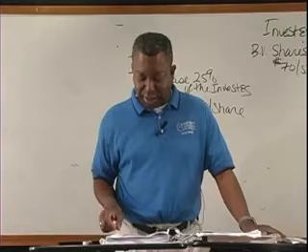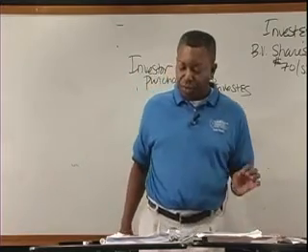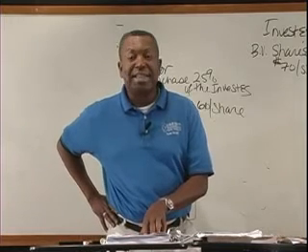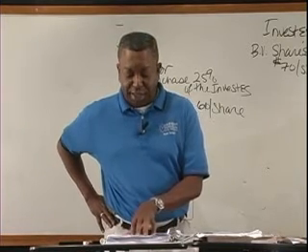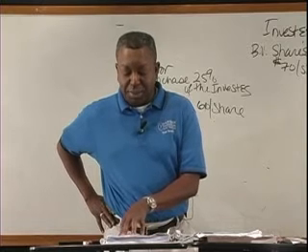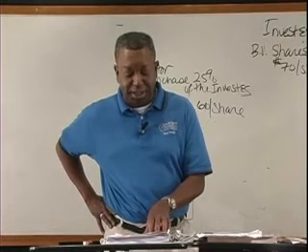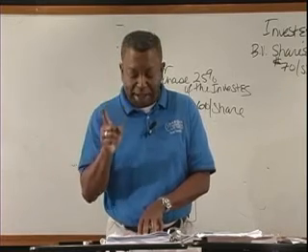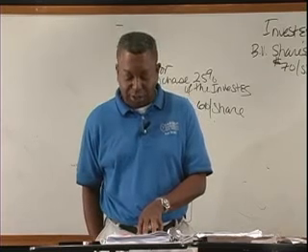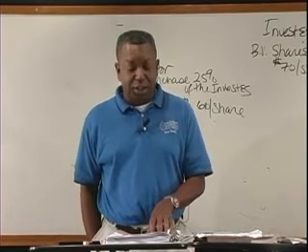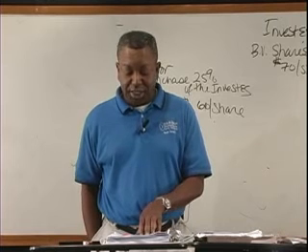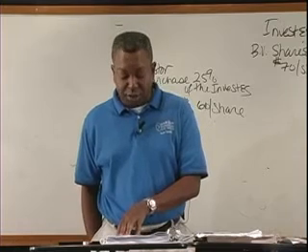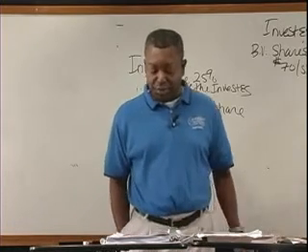Read this example that's provided. In the middle of the page, it says, when an investor discontinues using the equity method because of an inability to influence the investee's financial and operating policies, no retroactive adjustment is allowed. An example of this would be a disposal of stock resulting in a decrease in the percentage of stock owned from more than 20% to less than 20%.